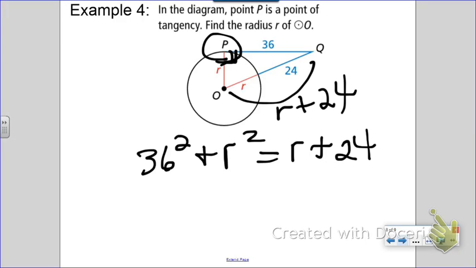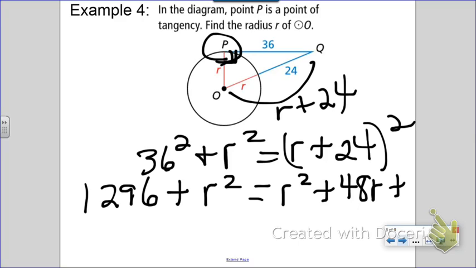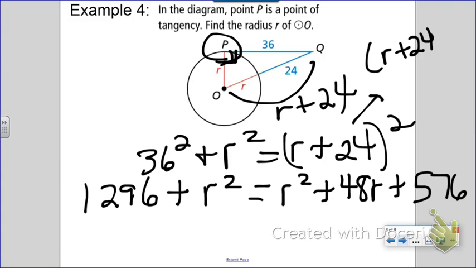So that should equal r plus 24 squared. (36 squared plus r squared), and this would be r squared plus 48r plus 24 times 24. So this is, to get this answer, we do r plus 24 times r plus 24.